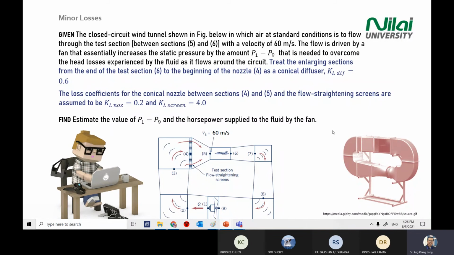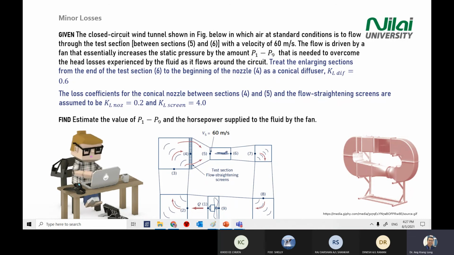This is called closed loop because the air is circulating within the system. As you can see on the right corner, there's a diagram there. This is a closed loop wind tunnel, and this is a very, very small wind tunnel. So let's look at the question.